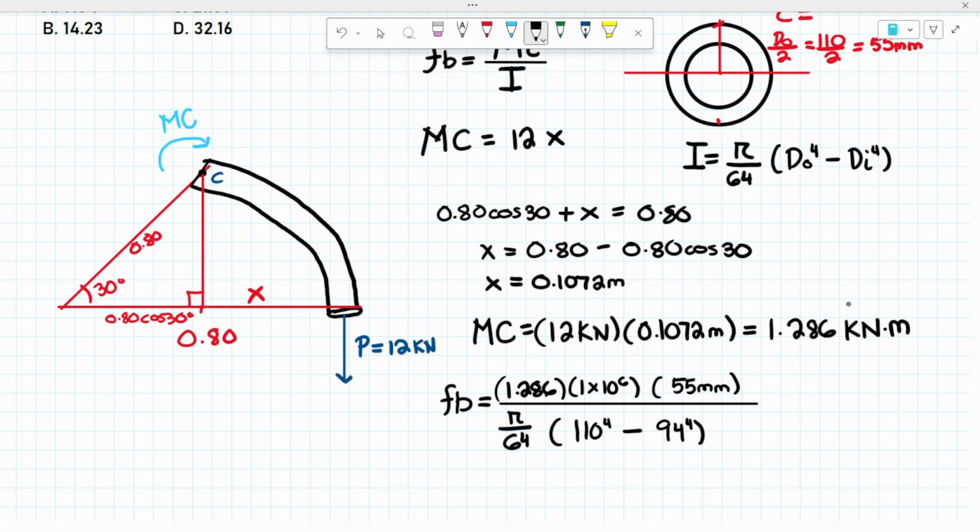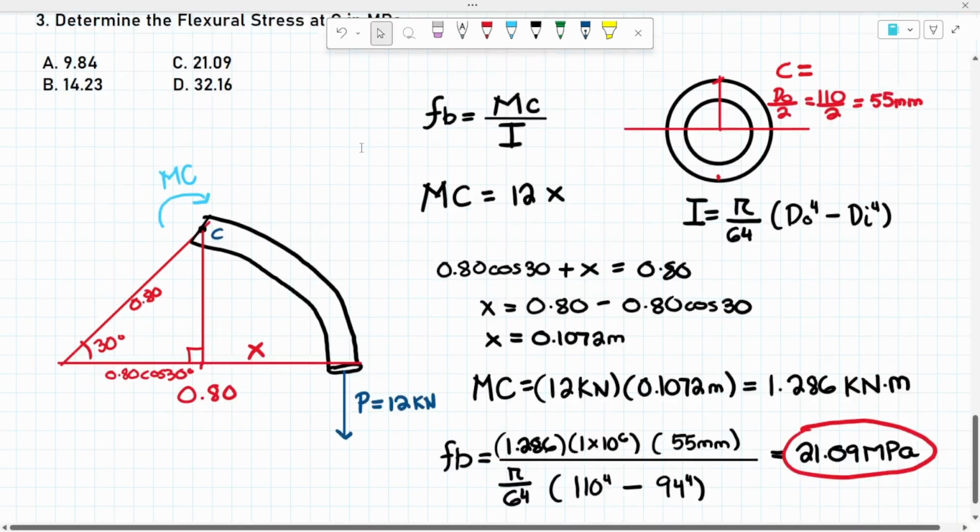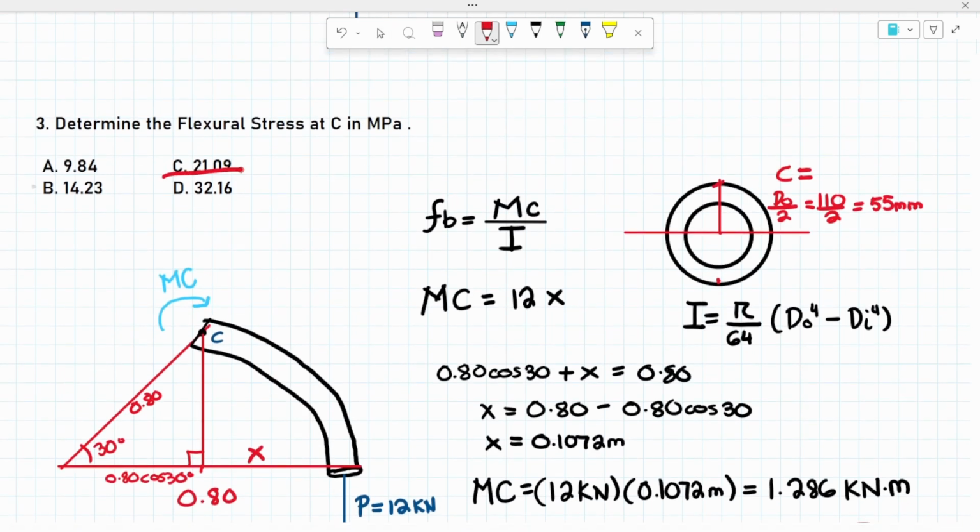Okay? Solving for this, the answer will be 21.09 megapascals. And that is letter C.